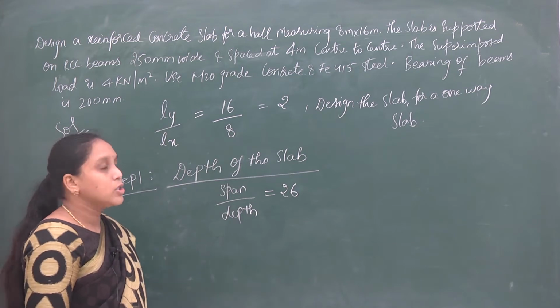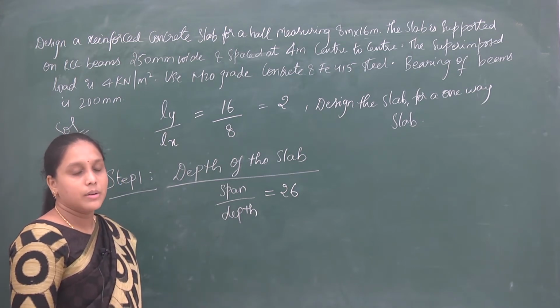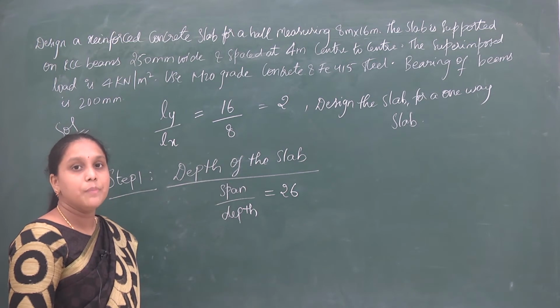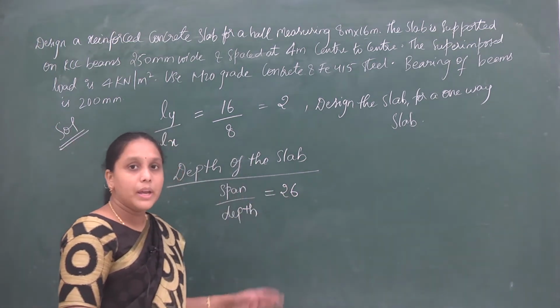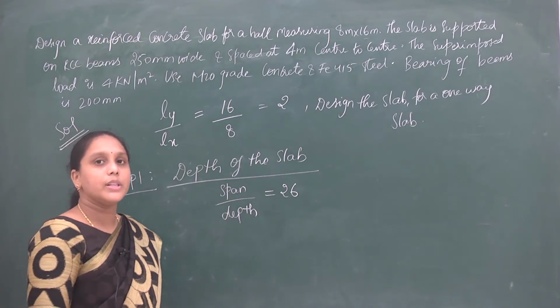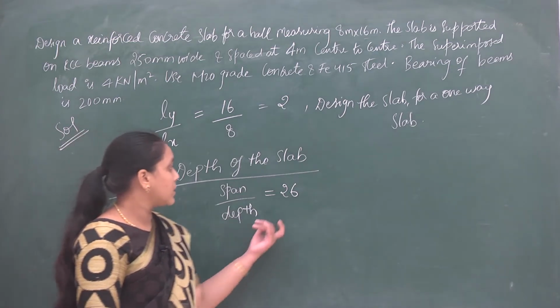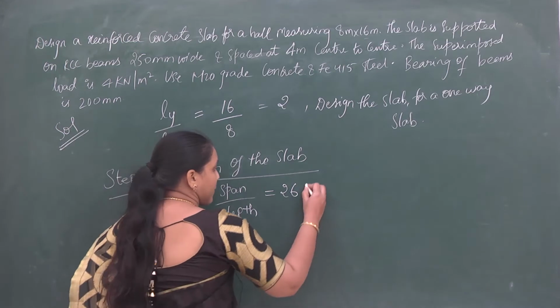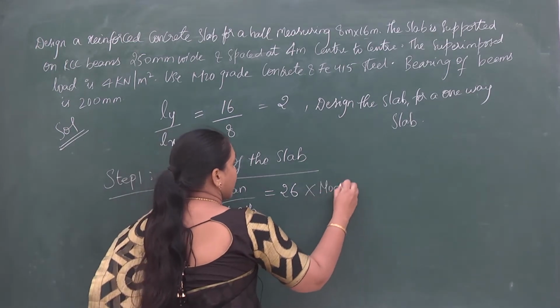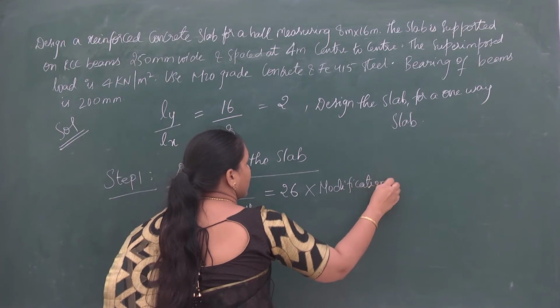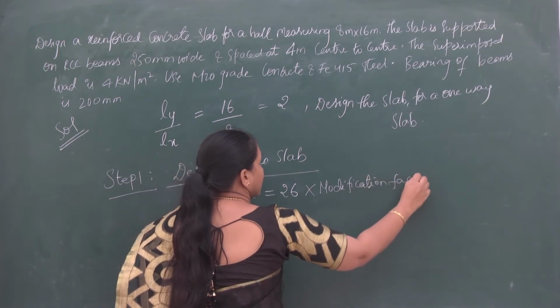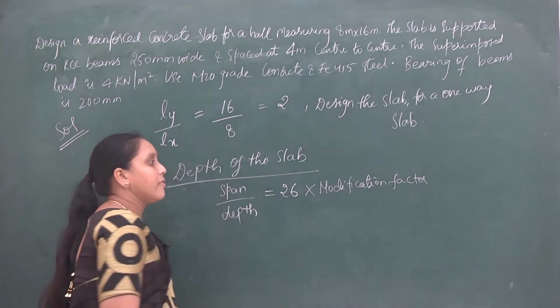Based on the percentage of steel and the stress levels, the basic value can be modified. How can we modify the basic value? The basic value should be multiplied with a modification factor.